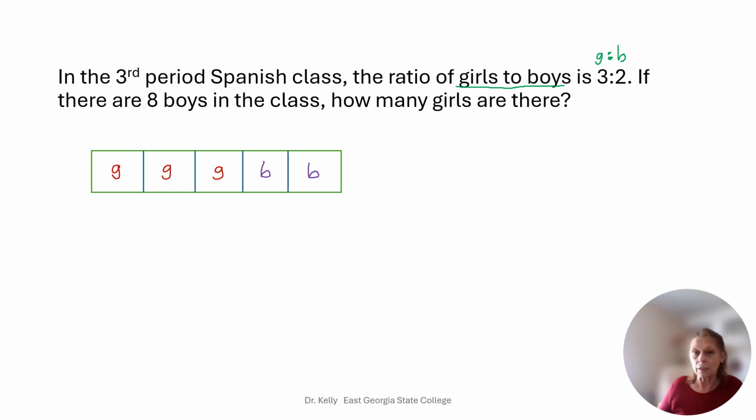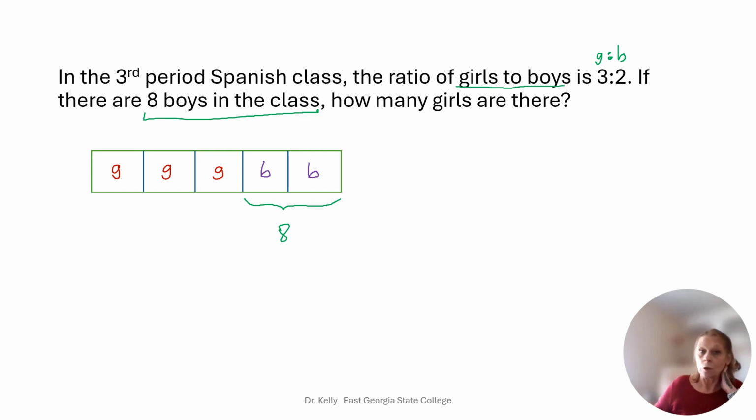So that's our basic model for the ratio of girls to boys. It goes on to say that there are 8 boys in the class. Now this model is super helpful. I find it pretty clever. So what it means is that this portion right here is equal to 8.